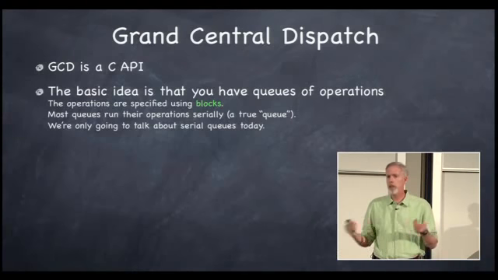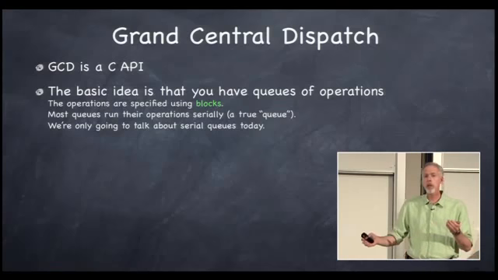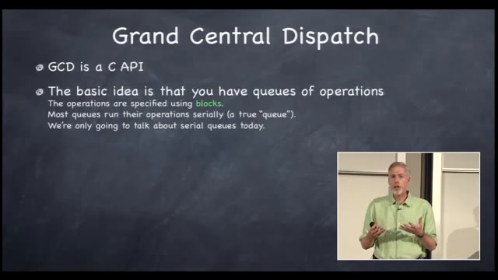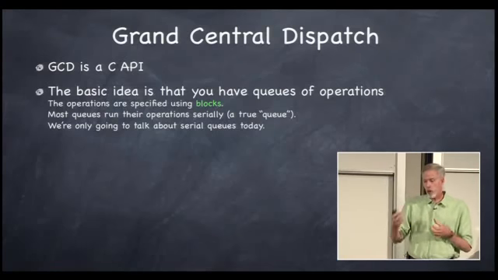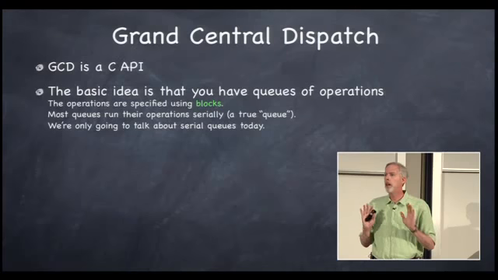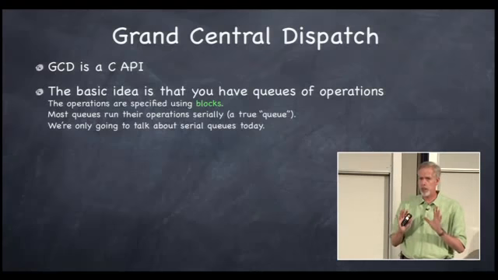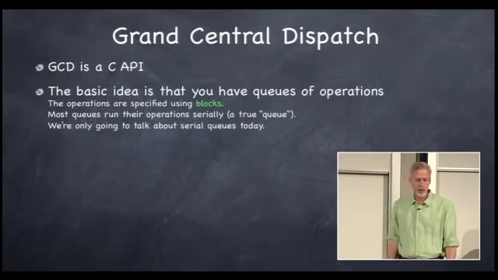But you can put a lot of things on the list. And so you're going to create this long queue, or short queue, of blocks. And the system is going to grab those blocks off of the queue and execute them in another thread. It's as simple as that. Now, that provides an enormous amount of power, and it makes your code really understandable and easy to write. And you're going to see that as well.